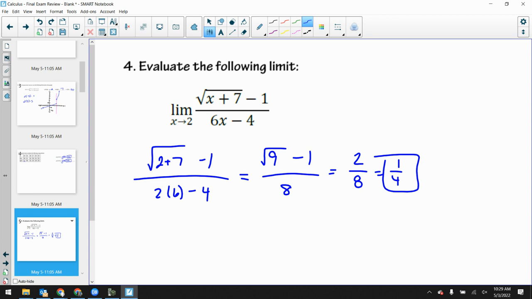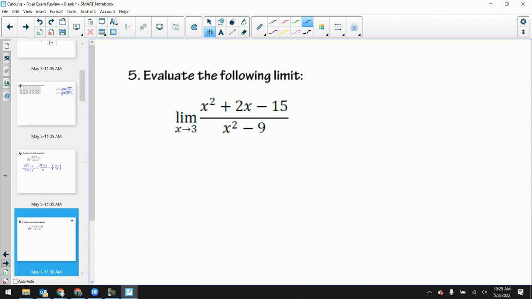That should always be your first line of defense, to try to directly substitute. If you can't directly substitute, then you're going to have to do something different, which is the case in number 5. Here, if I tried to directly substitute, the bottom would make me freak out, right? 3 squared minus 9, that's 9 minus 9, that's 0. I cannot have 0 in the denominator, so you cannot directly substitute. So what I'm going to do is try to manipulate it into something that will directly substitute.